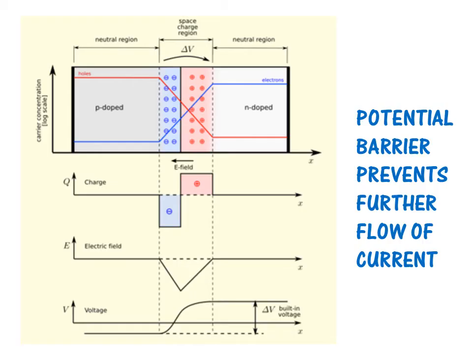The same thing is drawn in a different manner in this diagram. Focus on the topmost diagram. It is a graph, and you look at the graph indicated using the red line.